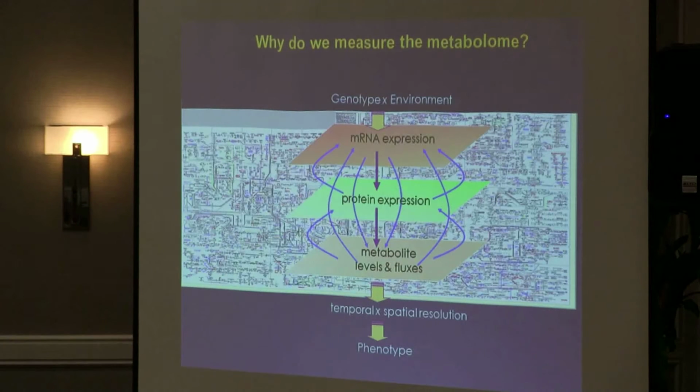So why do we measure the metabolome to study urine? Because, as you know, the urine metabolome profile is the last stage of all the signatures. Of course, in our laboratory we try everything from gene mutation and messenger RNA expression profiling to protein expression, metabolite level, and metabolite flux measurement.